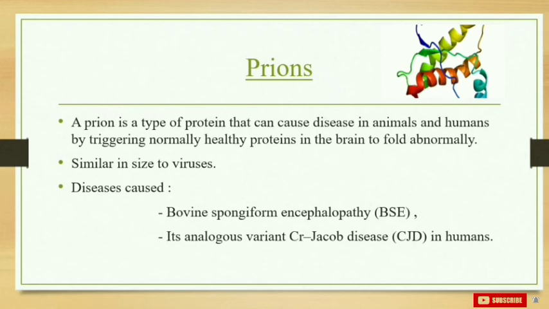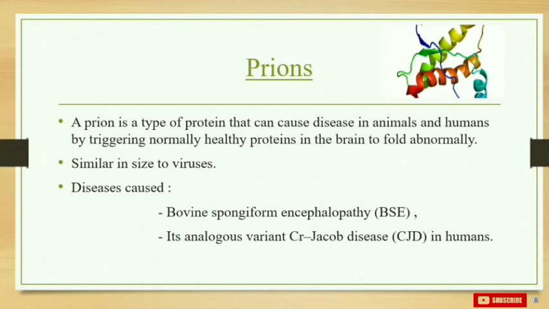Diseases caused by prions include bovine spongiform encephalopathy, BSE. This disease is commonly called mad cow disease in cattle, and it has an analogous variant. Analogous means features or characteristics with similar functions which have developed independently in unrelated taxonomic groups, responding to a similar way of life.